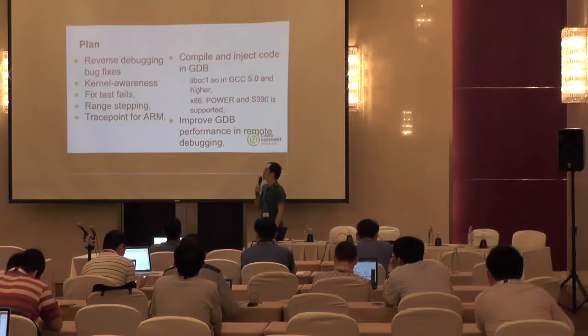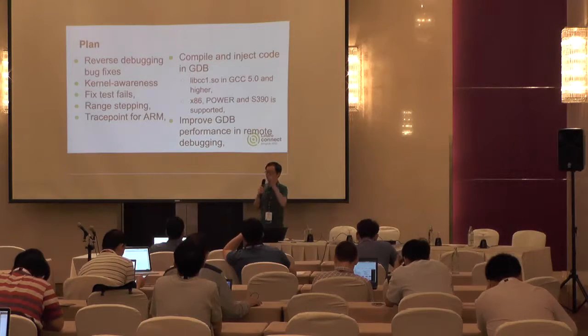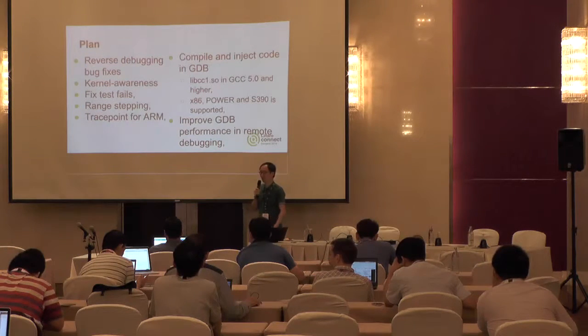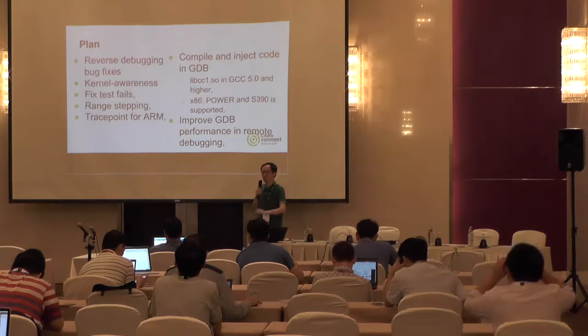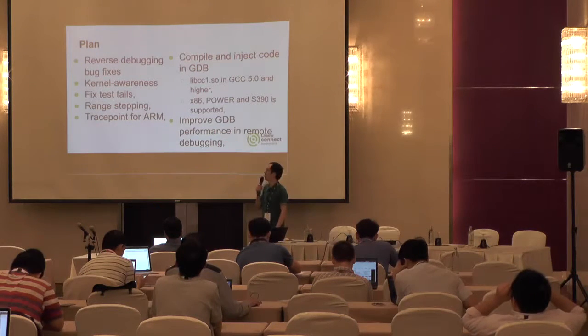So there are a lot of bugs there. Kernel awareness: we want to teach GDB to understand Linux kernel threads rather than user space threads. That will be very useful when GDB is debugging the Linux kernel through QEMU or a JTAG probe. That is one thing.